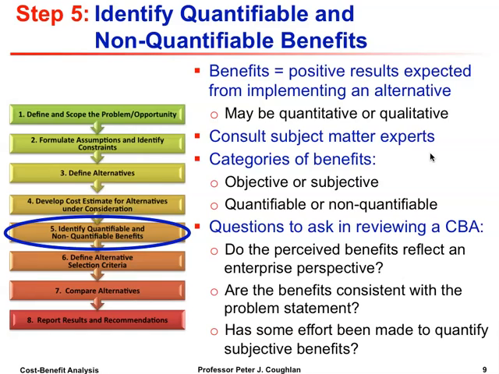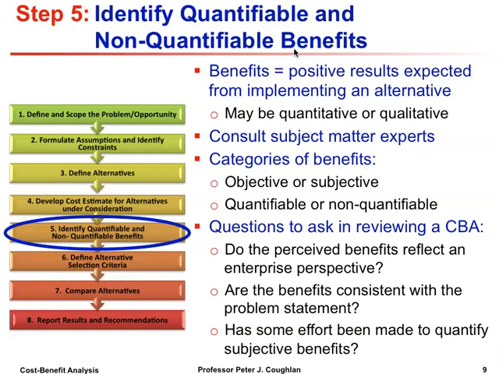Well, first of all, let's go back to the steps in our Army cost-benefit analysis approach. Step 5 in the Army CBA procedure was to identify quantifiable and non-quantifiable benefits. This slide is actually copied from the earlier presentation, so it's nothing new. But understand that these benefits could be quantifiable or non-quantifiable.